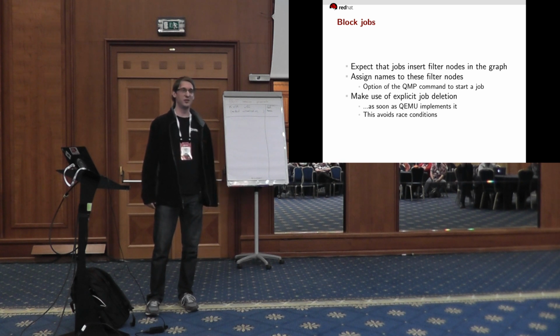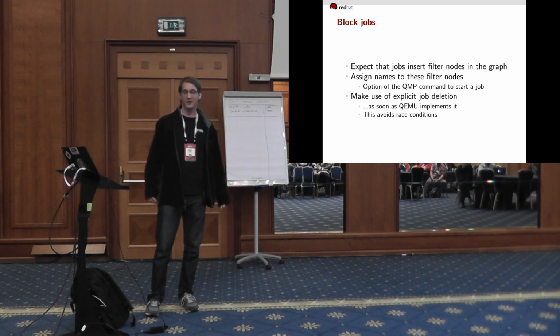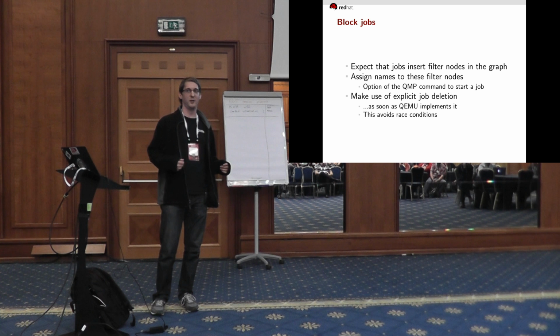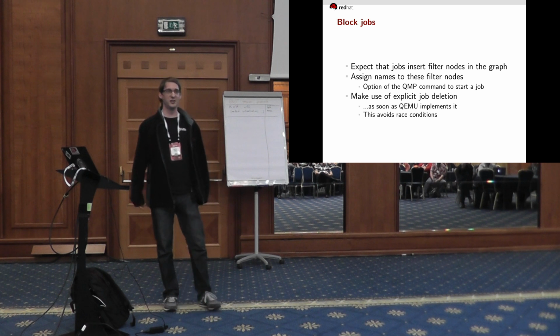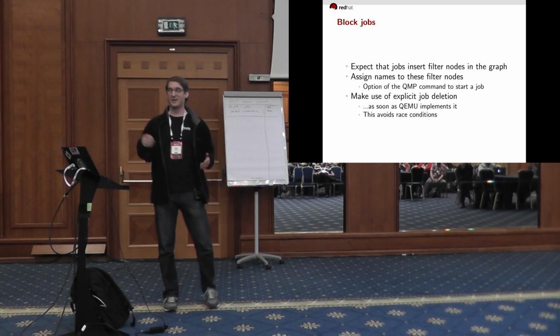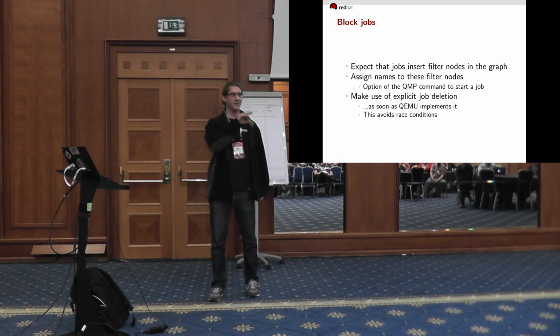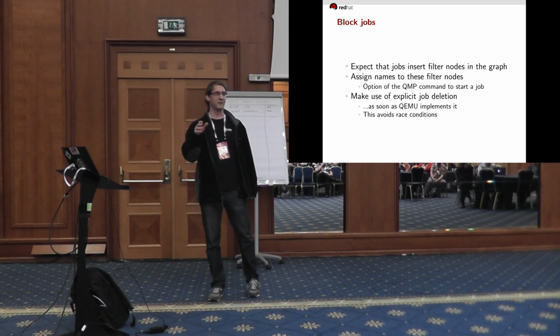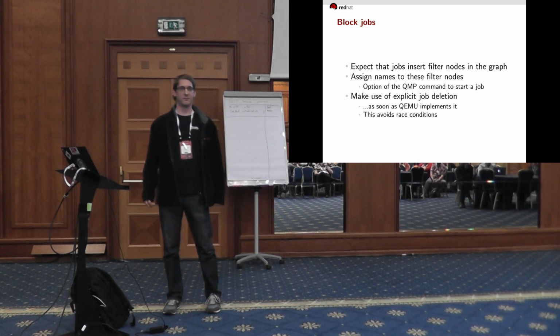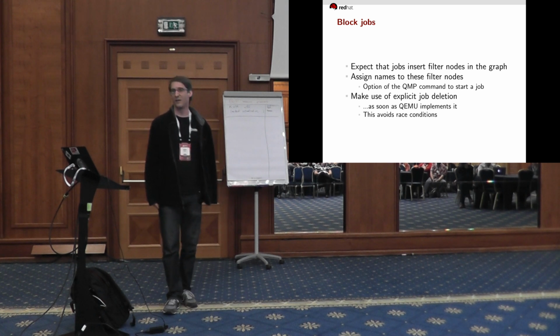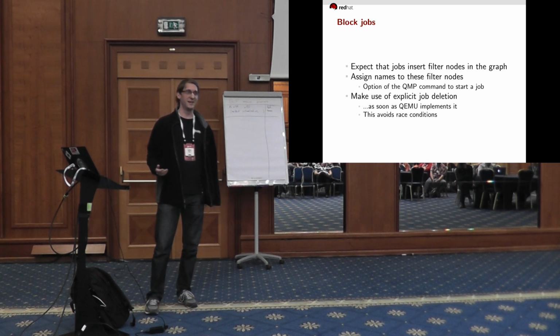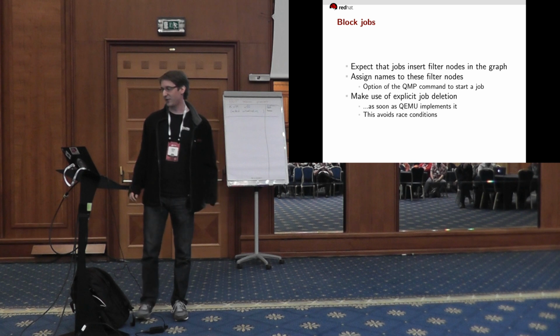Also, once we actually implement the explicit job deletion, make use of it, because otherwise you get surprise changes in the graph, and that will be really nasty to manage, especially if you're doing other graph manipulations like inserting filters, which, as Max told us, is really two steps: creating the new filter node and then inserting it into the existing edge. And that could lead to race conditions if you have automatic block job completion and it does surprise changes to the graph. So do things manually.